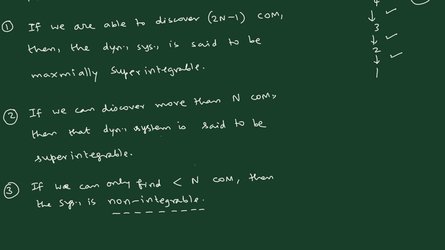Then sometimes you may get a doubt. Let me explain that. See, here I have written more than n number of constants of the motion. Here I have written less than n number of constants of the motion. So you may get a doubt what happens if it is exactly equal to n. Sometimes the doubt will come. So I'll therefore write down this particular point.